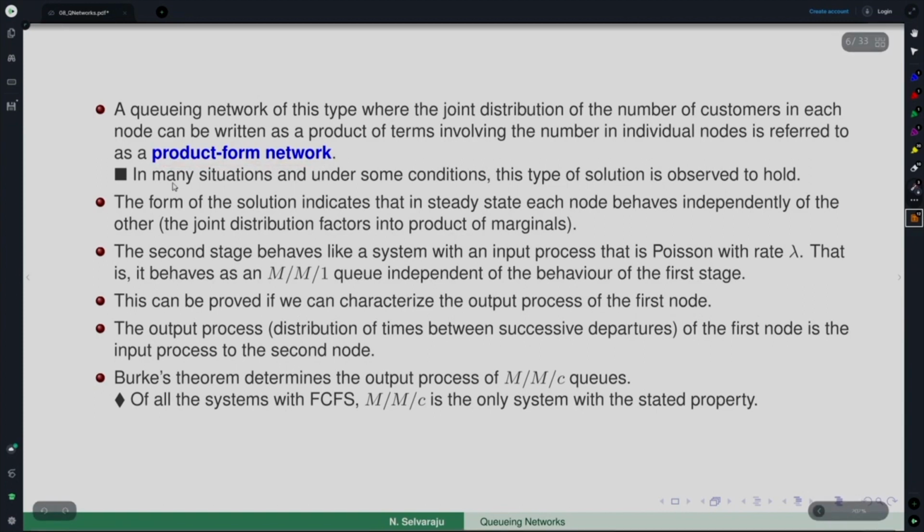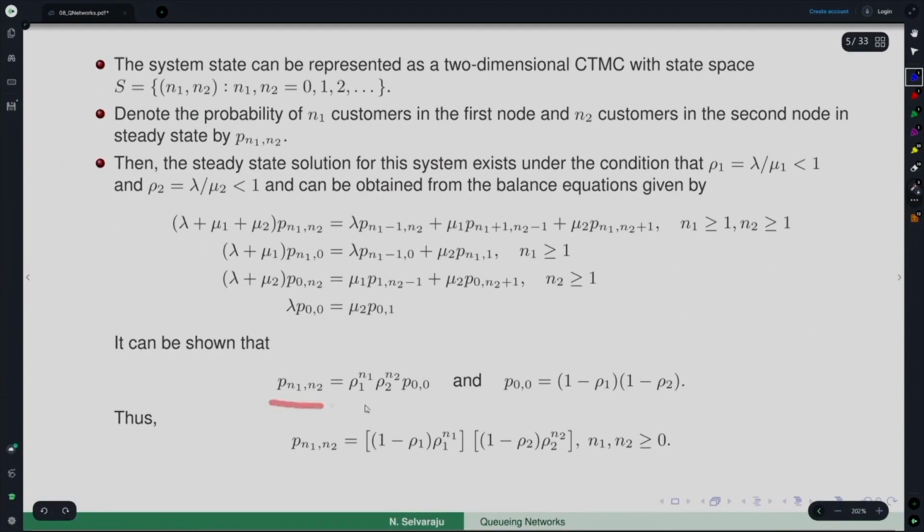In many situations, and under some conditions on the parameters, this type of solution is observed to hold either exactly or at least approximately. There is a whole lot of literature on product form networks itself, because in this case things become much easier.